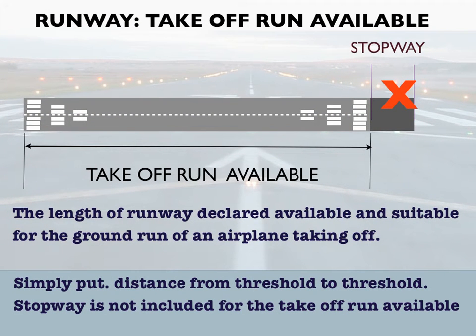Takeoff run available. The length of runway declared available and suitable for the ground run of an airplane taking off. Simply put, distance from threshold to threshold. Stopway is not included for the takeoff run available.